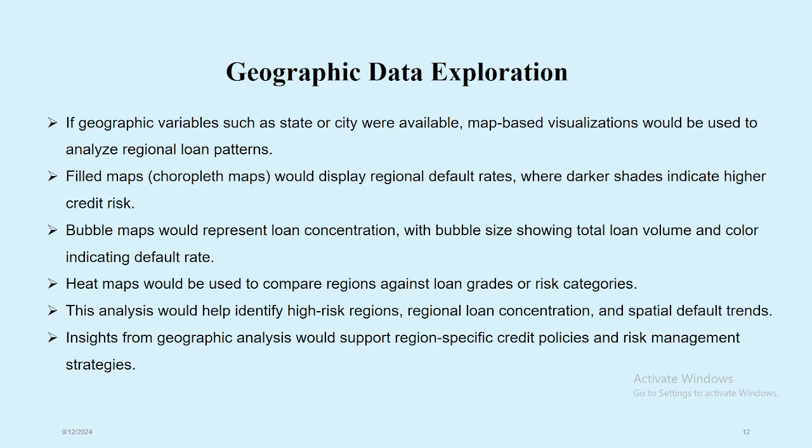A heat map could compare regions against the loan grades and risk categories, helping to identify high risk regions with loan concentration and spatial default trends.